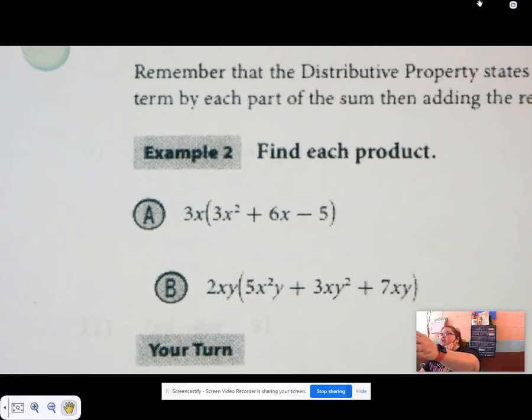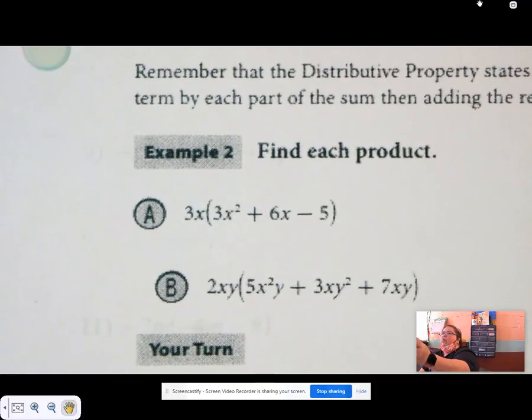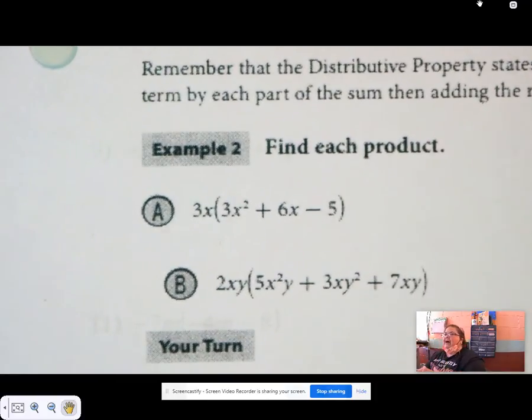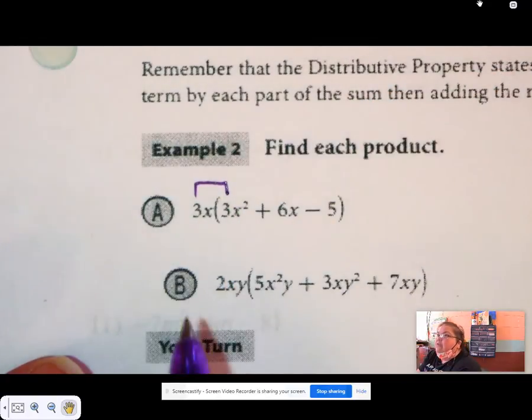All right, so number 2, now we are going to look at multiplying a monomial times a polynomial. In this case, I have a trinomial, okay? And again, we're going to do that same thing. We're going to multiply the coefficients or the numbers first.